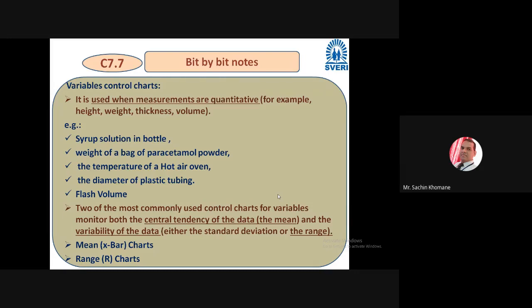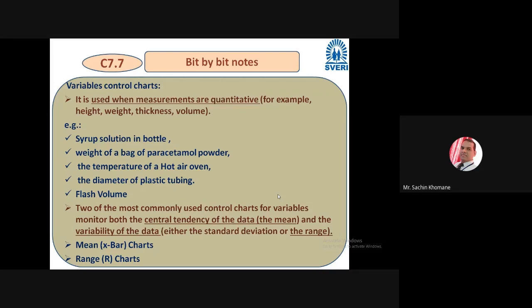Maybe in kg. Earlier example in ml. Next example, like the temperature of hot water in an oven, degree centigrade or Kelvin, and the diameter of plastic tubing. Plastic tubes are there. Diameter of it maybe in meter.